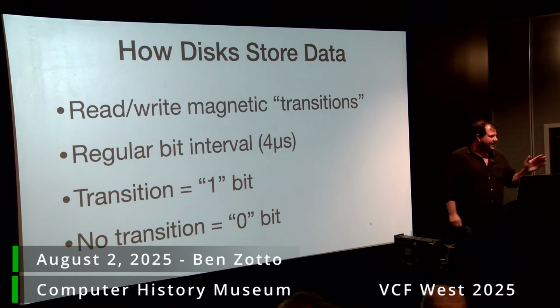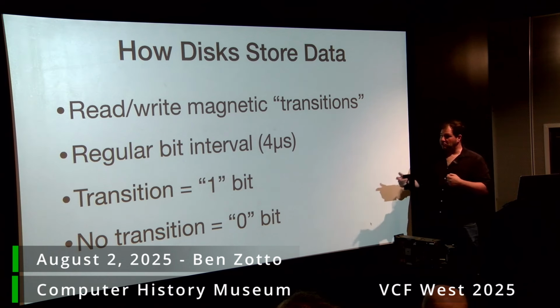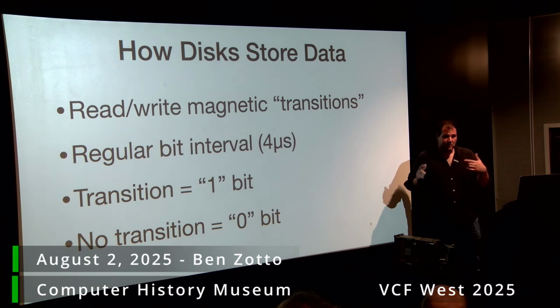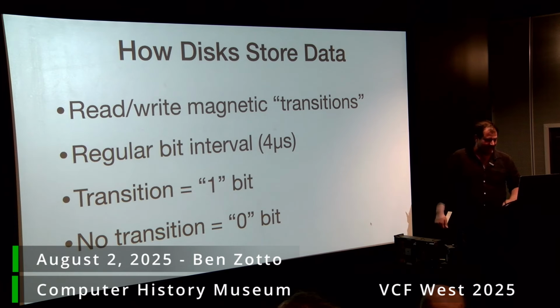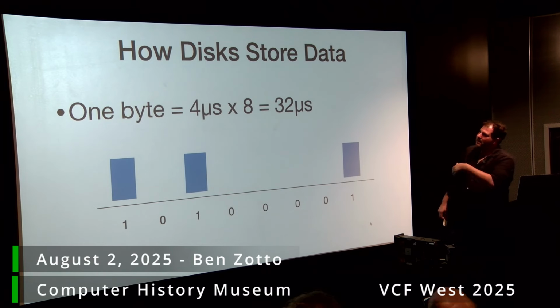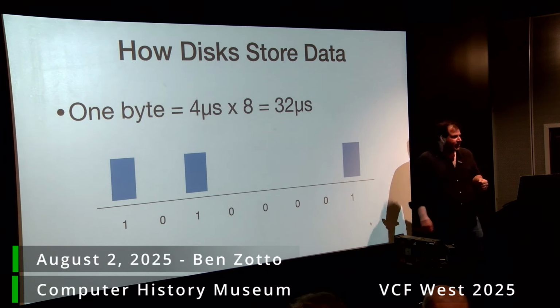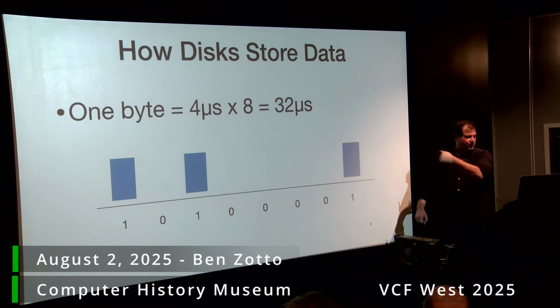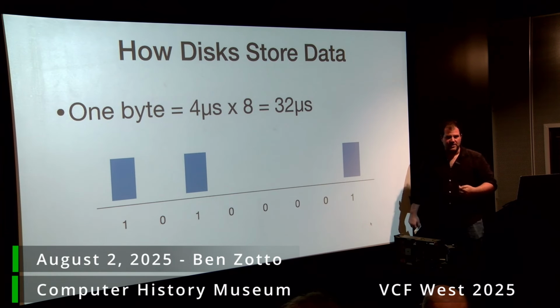So every 4 microseconds, there's expected to be a transition or not a transition. You follow me? We define a transition as a 1 bit and not a transition as a 0 bit. So if you had a byte, in this case, you're going to take 32 microseconds to store it: transition, not transition, transition, some not transitions, and then a transition.